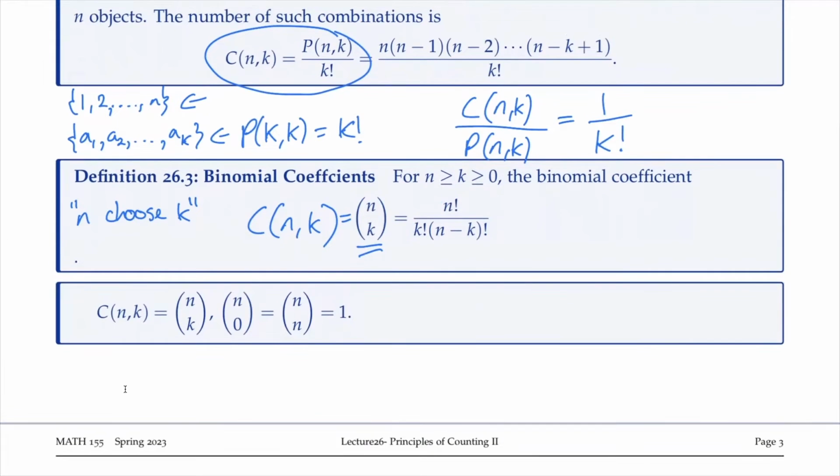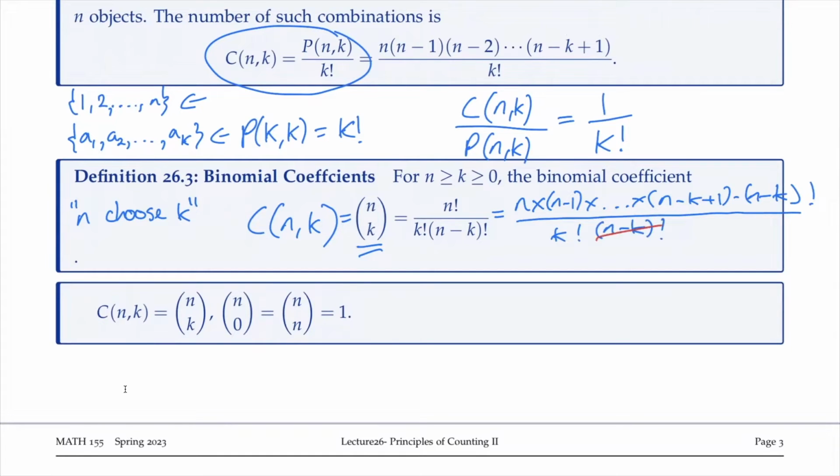So why is that the case? Well, let's think about multiplying this out. We can multiply this out as n times n minus 1 times n minus 2, all the way down to n minus k plus 1, times n minus k factorial, divided by k factorial times n minus k factorial.